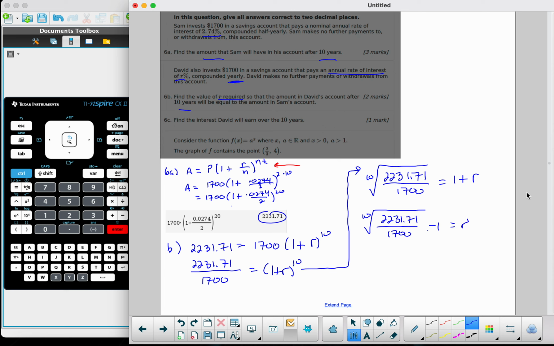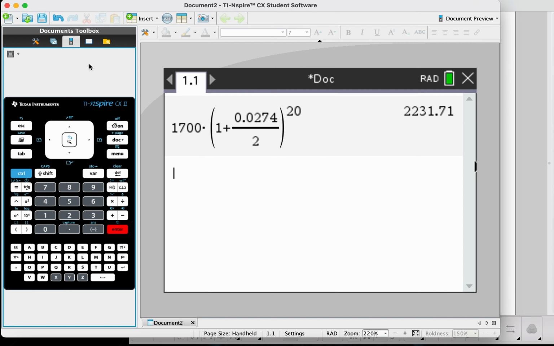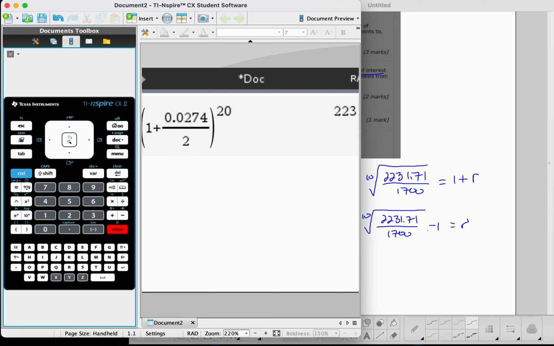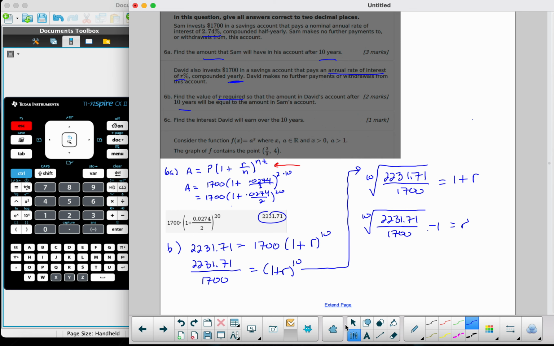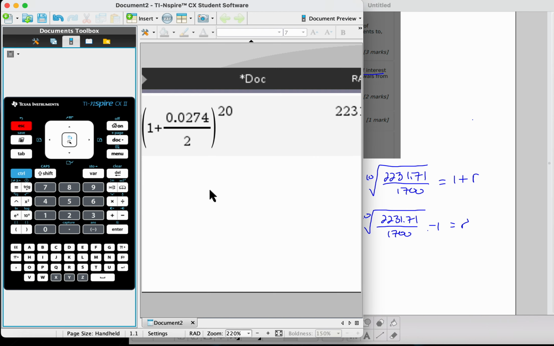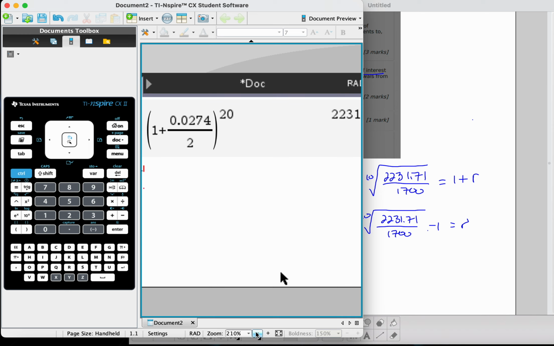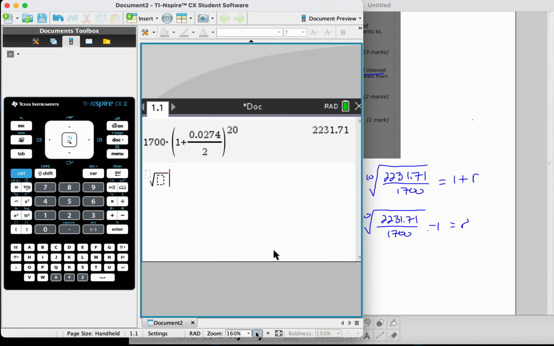So here we go with our calculator. Okay, let me make it a little bigger, there we go. I can see it. Okay, so the 10th root is this one right here. Oh, there it is.